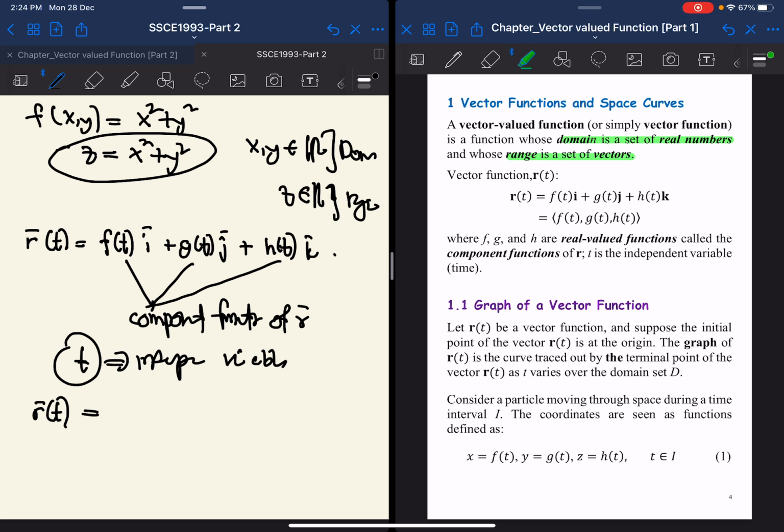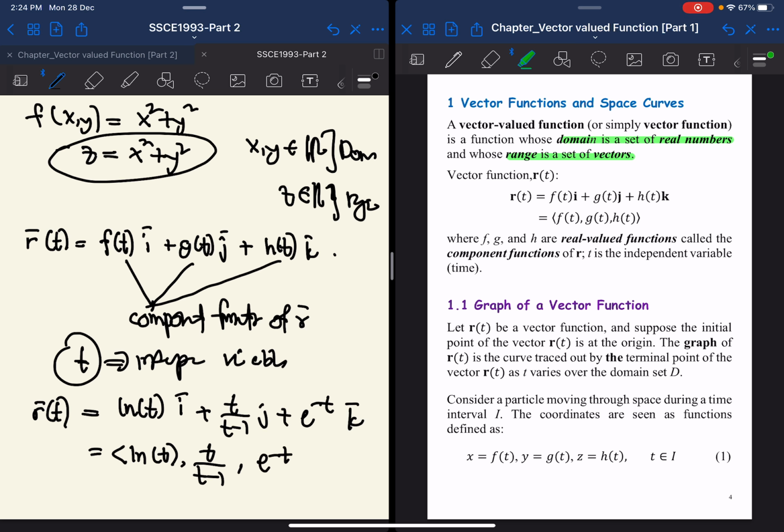Let's say you have a vector function like this: ln t i plus t over t minus 1 j plus e to the negative t k. We can also rewrite the last component as e of negative t.